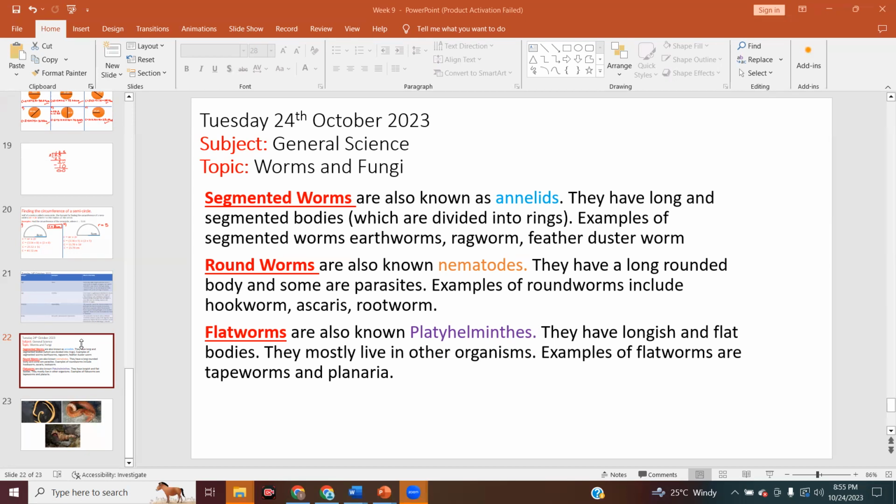Roundworms, very good. Chardonnay, what's another word for flatworms? Platyhelminthes.